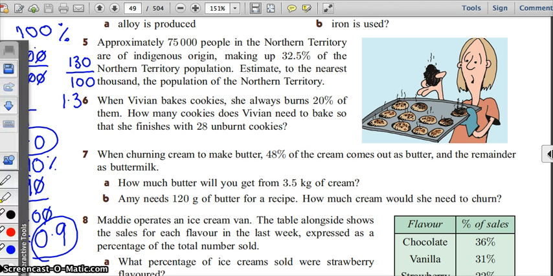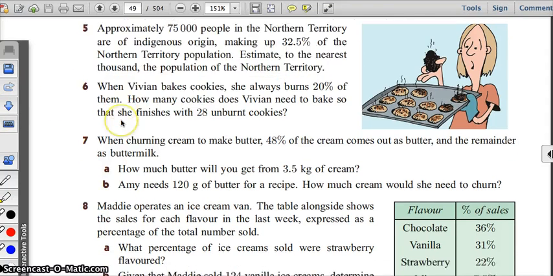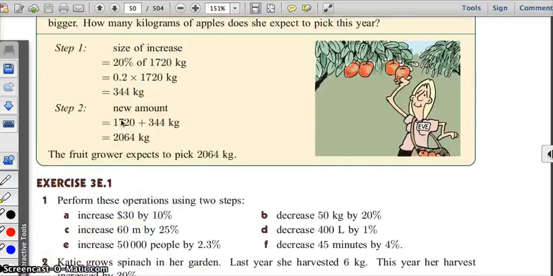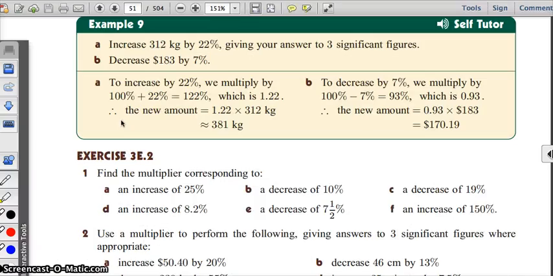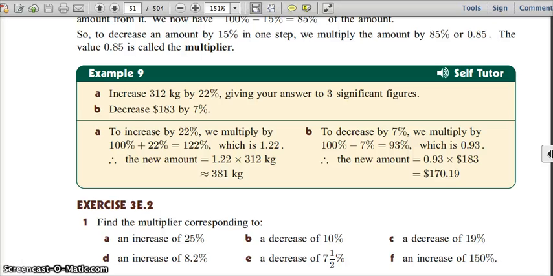Okay, so this quickly is the concept of multipliers, and now we're going to see how it actually relates to what we're talking about. So if we scroll down to where this comes in, it comes into here. Increase 312 kilograms by 22%. Remember yesterday we had that 2,407 kilograms of potatoes or something that was cropped, and she was expecting another 20% this year.